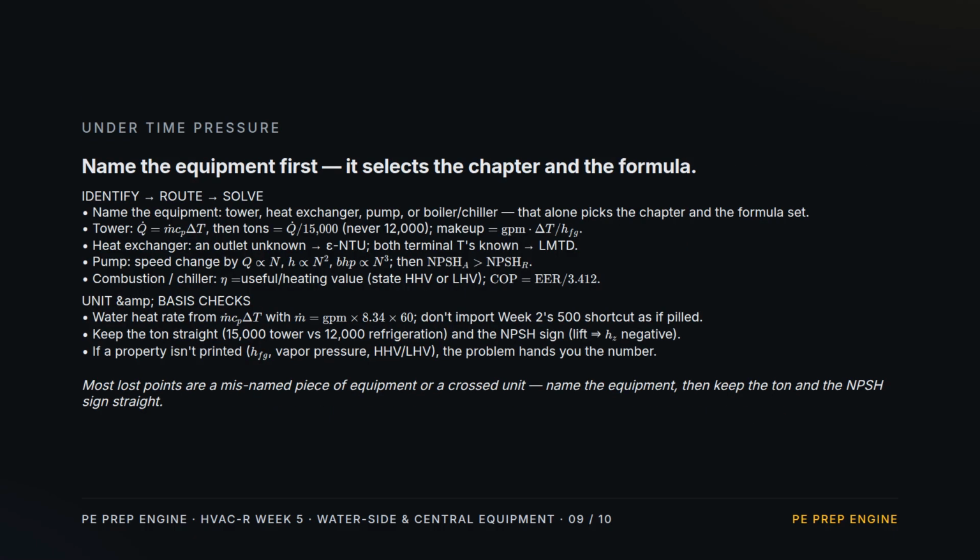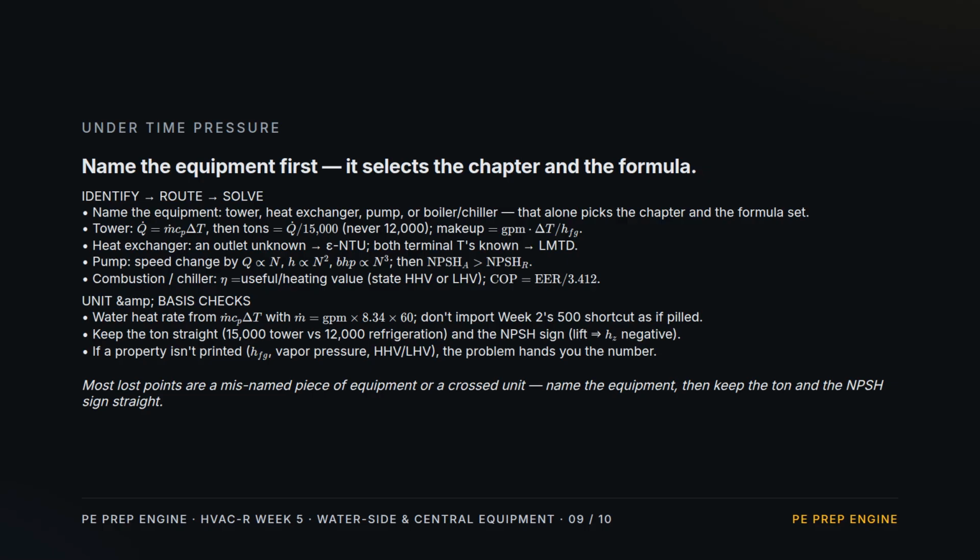The method and the clock. Before you compute, name the equipment. A tower, a heat exchanger, a pump, or a boiler or chiller, because that alone picks your chapter and your formula set. For a tower, heat rate, then tons over 15,000, and makeup from flow, range, and latent heat. For a heat exchanger, an unknown outlet means effectiveness NTU, both terminals known means LMTD.